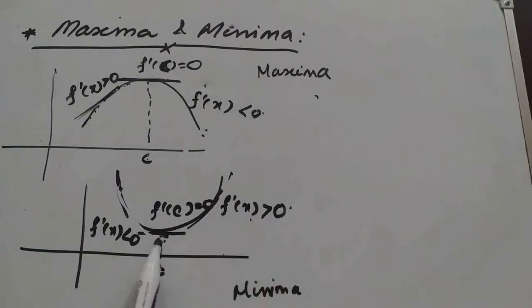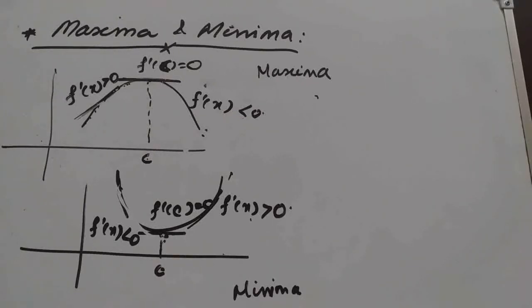Similarly here, the function is changing sign from negative to positive, so this point where derivative is 0 will be taken as point of minima.